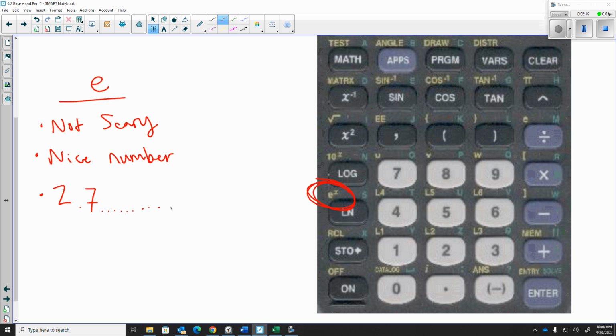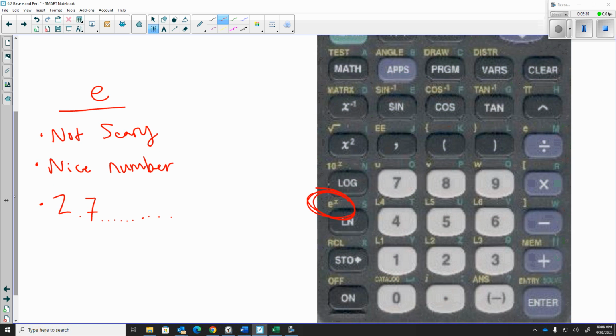But for now, just know that E is kind of a big deal. You would do well to not question E. For all our purposes, just know E is a number. That's all it is. And there's a button for it on your calculator.